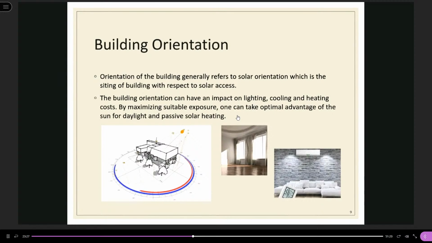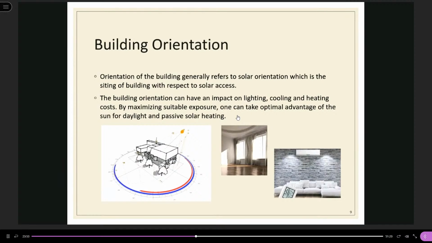So if your orientation can help you to harvest the daylight, then you can reduce the electrical lighting. If the orientation can allow you to have more solar heat gain in the winter, then you can spend less on the winter heating system.